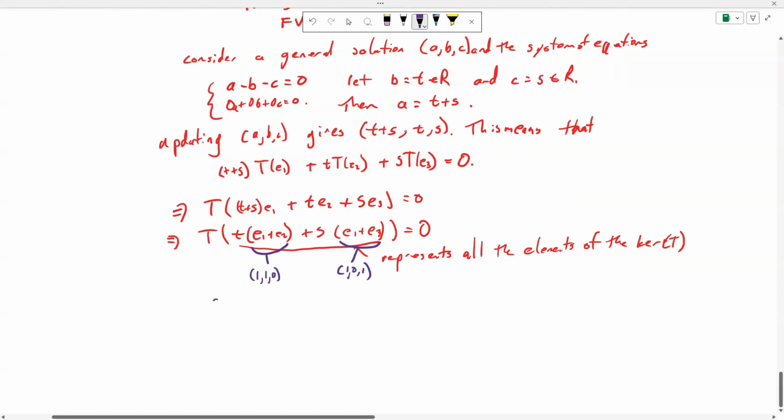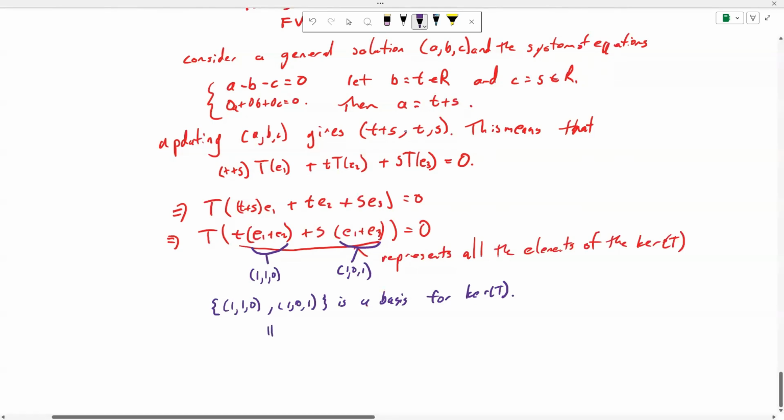So the set {(1, 1, 0), (1, 0, 1)} is a basis for the kernel of T.